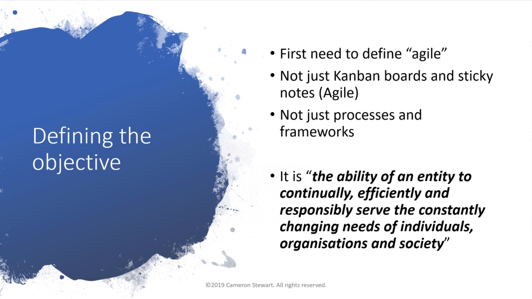It's not just about process and framework. In fact, if we look at the word agile with a lowercase a, we could define it as the ability of an entity to continually, efficiently and responsibly serve the constantly changing needs of individuals, organizations and society.